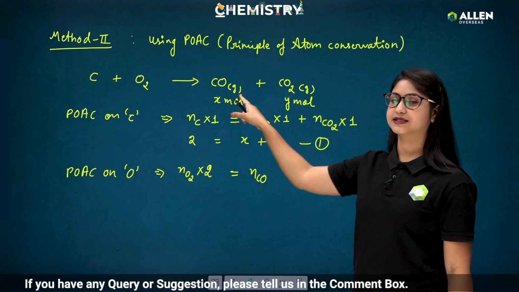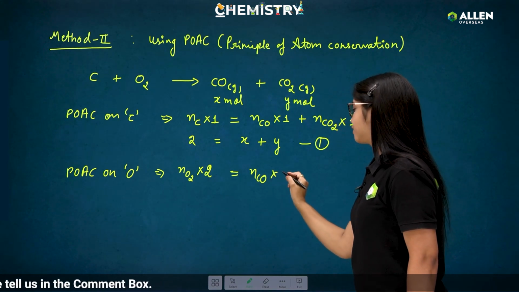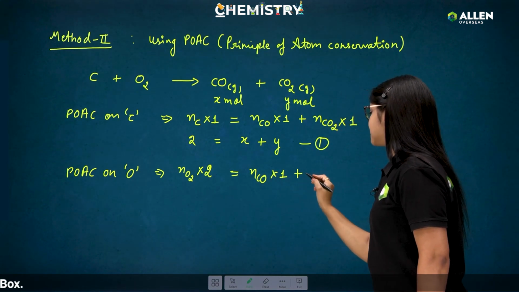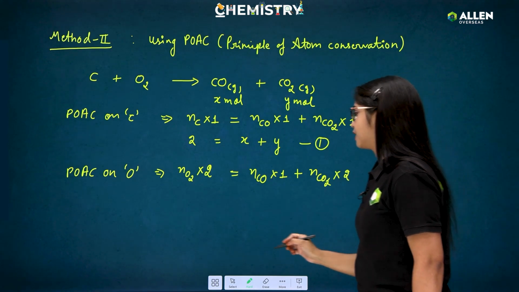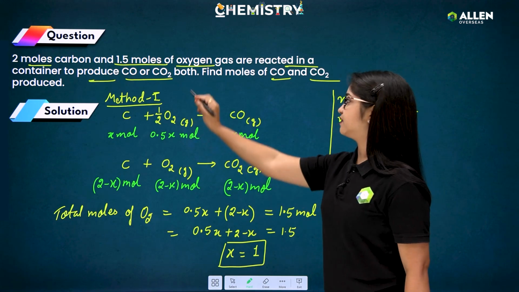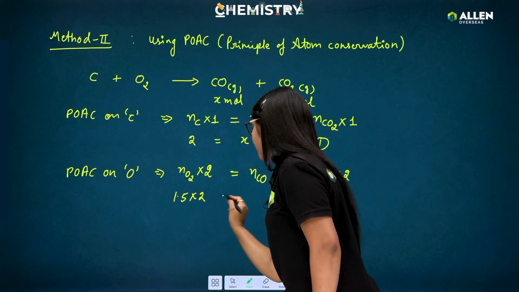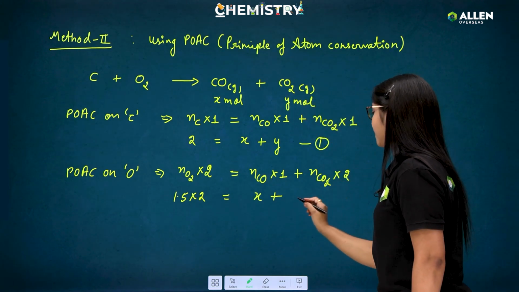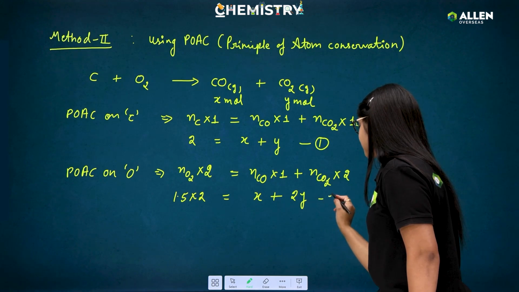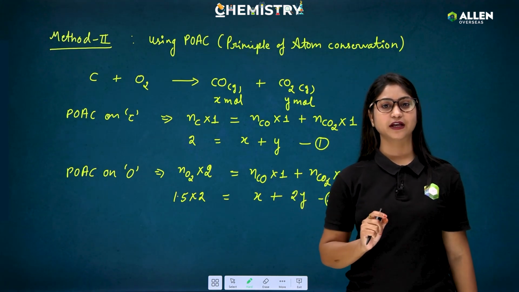Oxygen is contained within CO and CO2, so we write moles of CO into atomicity of oxygen 1, plus moles of CO2 into atomicity of oxygen, that is 2. Moles of O2 given in the question is 1.5. So 1.5 into 2 equals X plus 2Y, and this is equation 2.